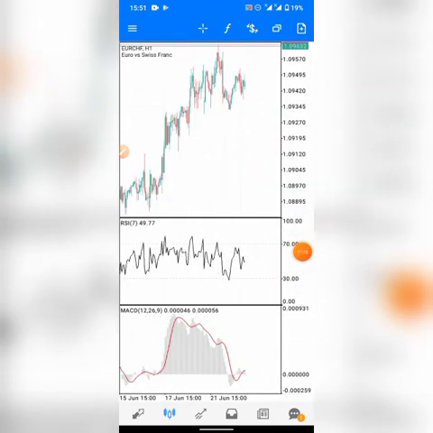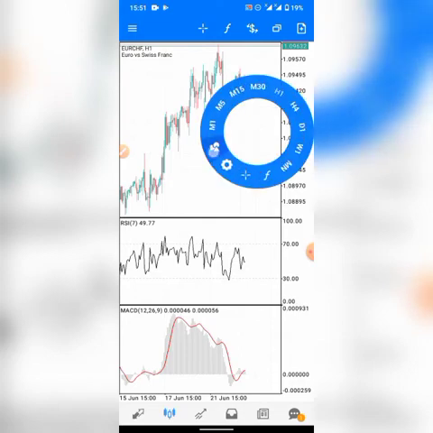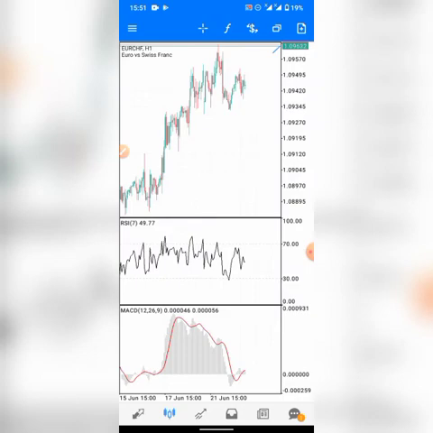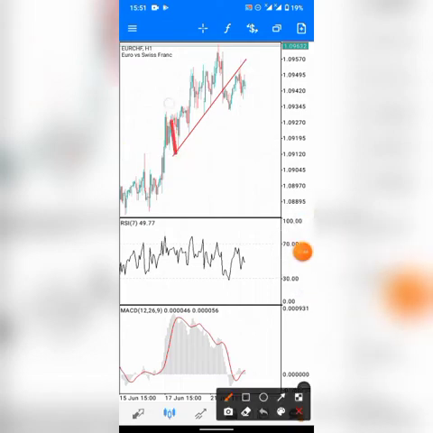So this is EUR CHF right now, and first of all, we can see that we've identified a little range in the market. You can see prices ranging.